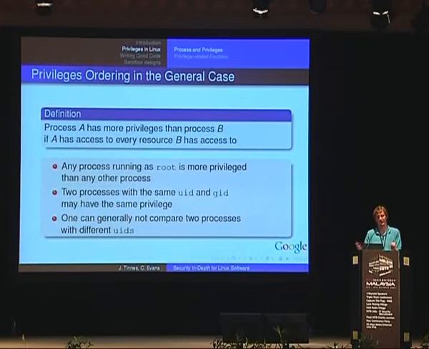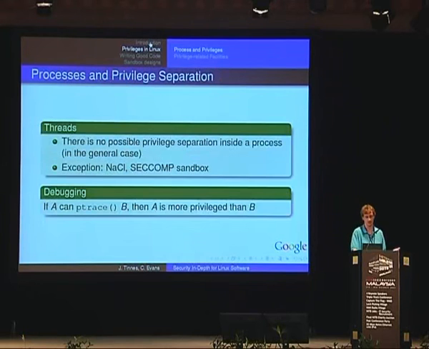That's in the general case. Two processes with the same UID and GID may have the same privilege. That's the usual normal case, but we'll see some other cases. And one can generally not compare two processes with different UIDs because usually they will just have access to a different set of resources. For instance, different users on the same machine will have access to different files.